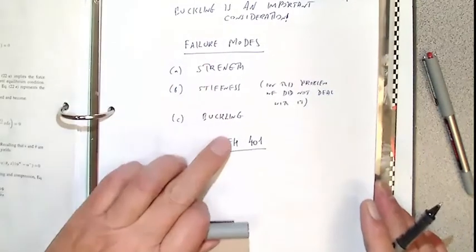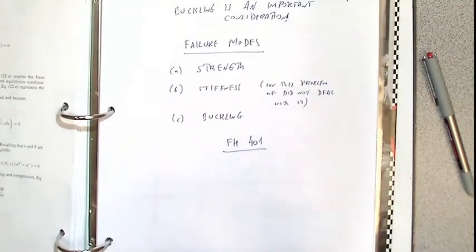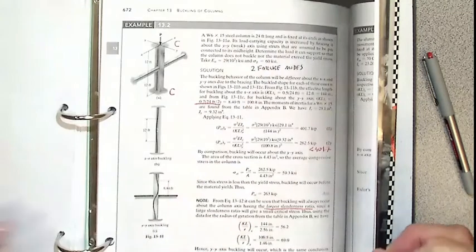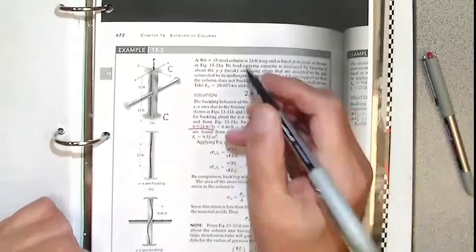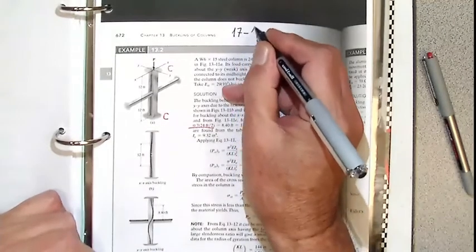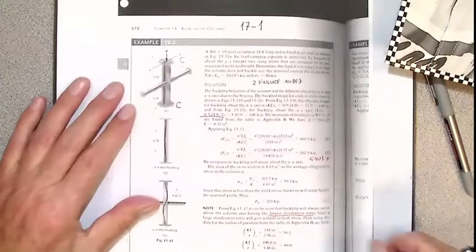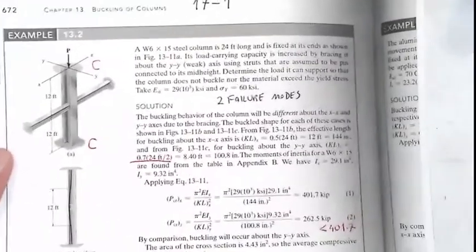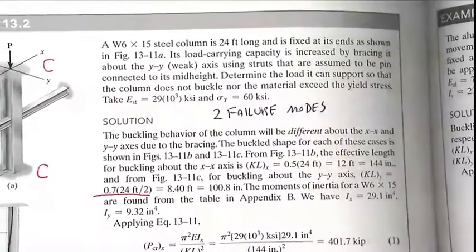So until now we talked about three failure modes: strength, stiffness, and buckling. So I will consider some examples. This is lecture 17.